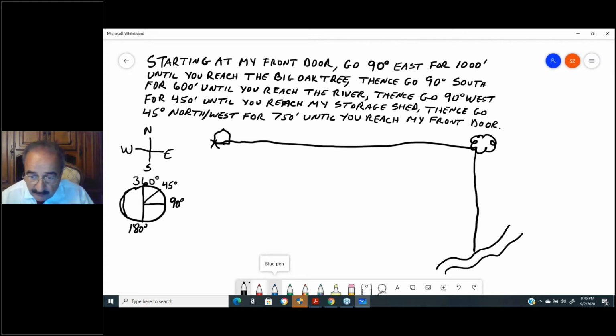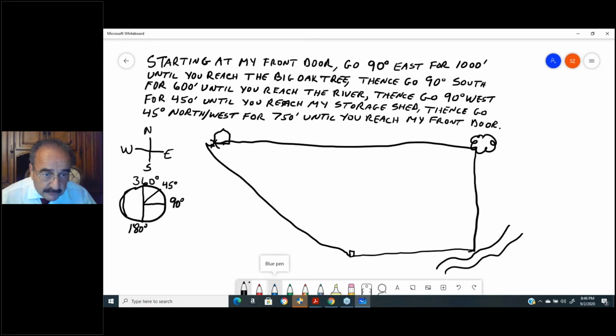Now I'm facing the river. My next step, I need to go 90 degrees west for 450 feet till I get to my little storage shed, which is right here. And then my last step says at this point I need to go 45 degrees on an angle northwest back to my front door. I'm sorry, I missed it, overshot it. That's the shape of that lot. That's what it looks like.